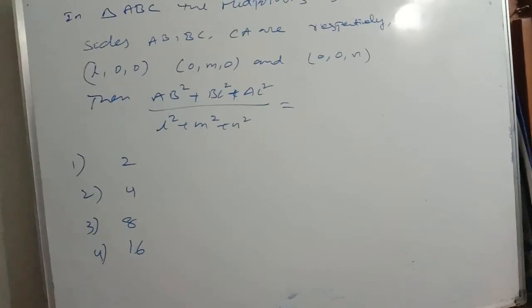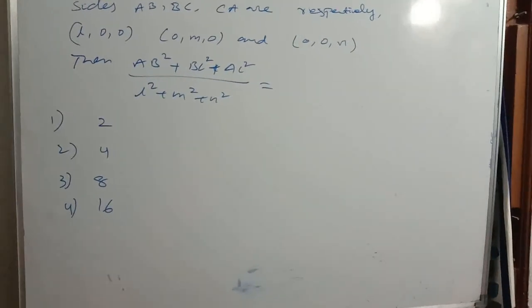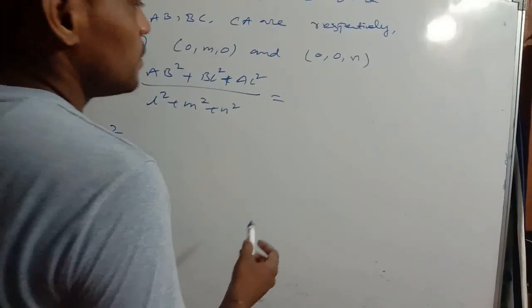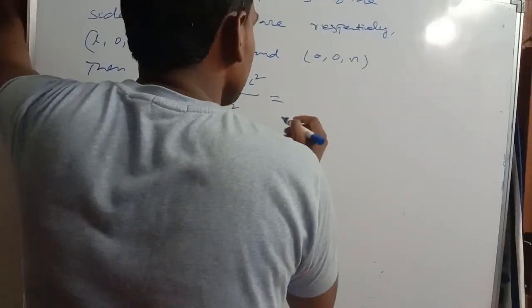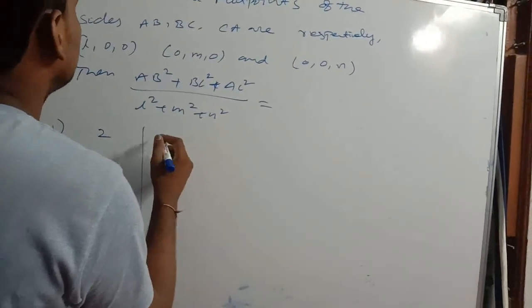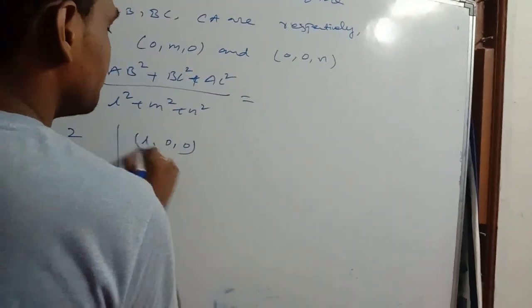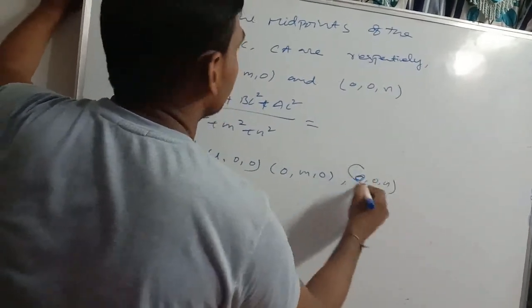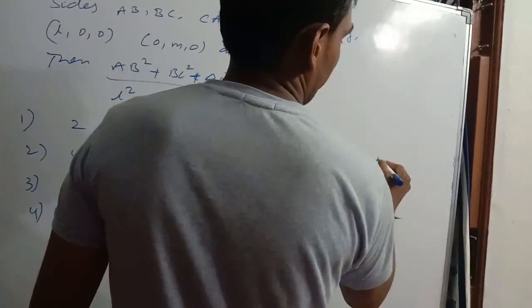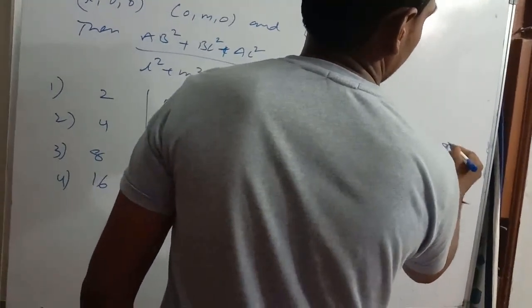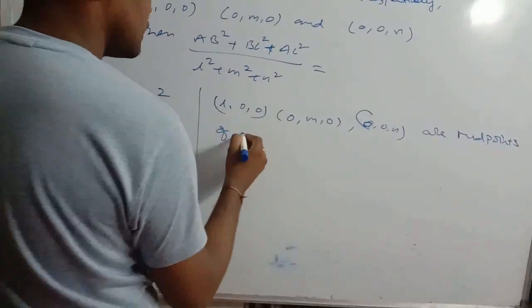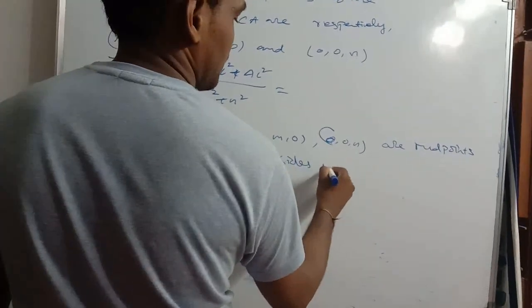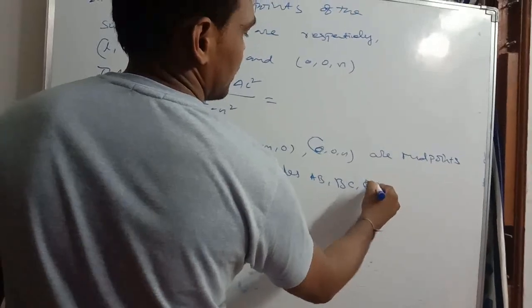Now here L, 0, 0 and 0, M, 0 and 0, 0, N are the midpoints of the sides AB, BC, AC.